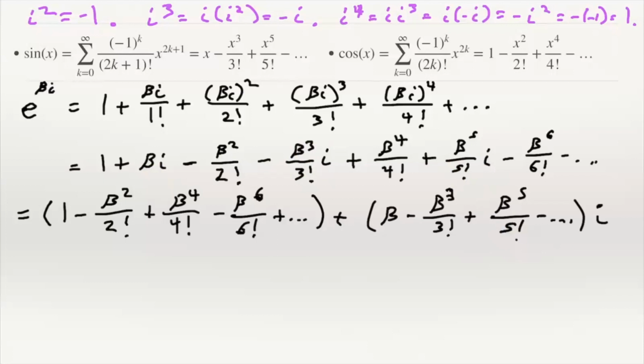Now, this part, 1 minus beta squared over 2 factorial plus beta to the 4th over 4 factorial. What does that look like? What is it? Well, look at this. That is literally cosine of beta.